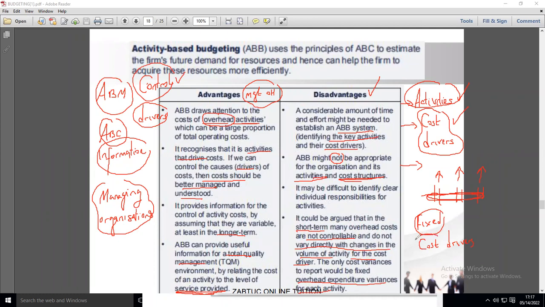Is it really that easy to reduce the cost driver? So most of the cost may not be as variable as it is assumed here. Most of these costs are actually fixed. And a number of you, I'm sure you're familiar with that from your environments, that in the short run, most of the costs are stuck with you for different reasons.